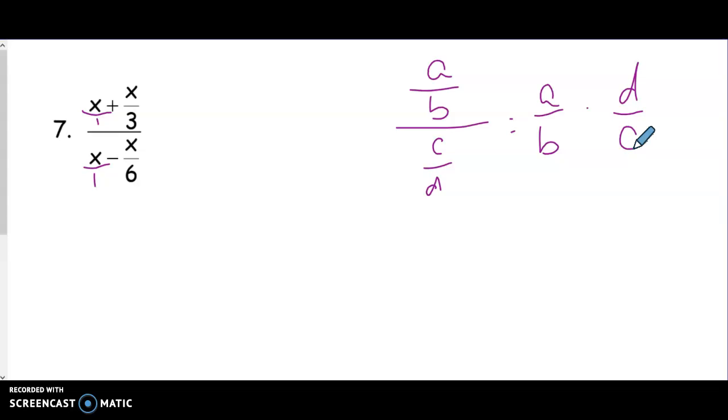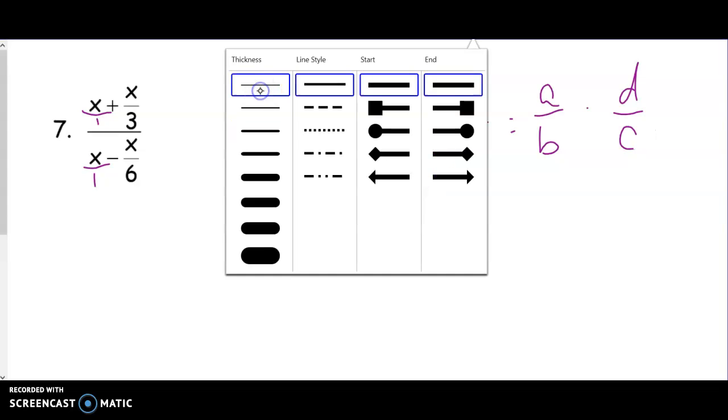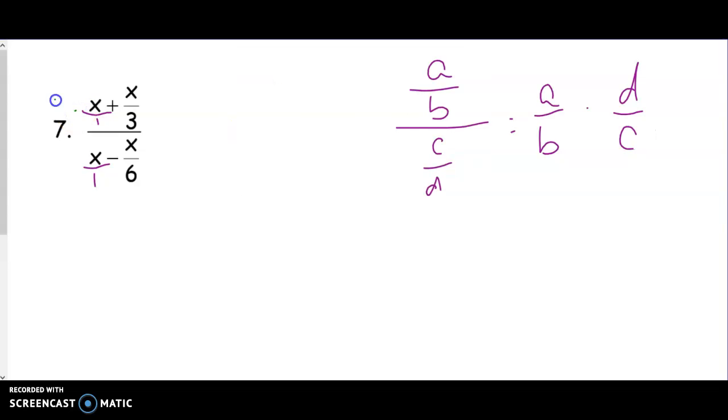So for the top part, I need to multiply by 3 over 3, so that we end up with a common denominator of 3. Numerator becomes 3x plus x.